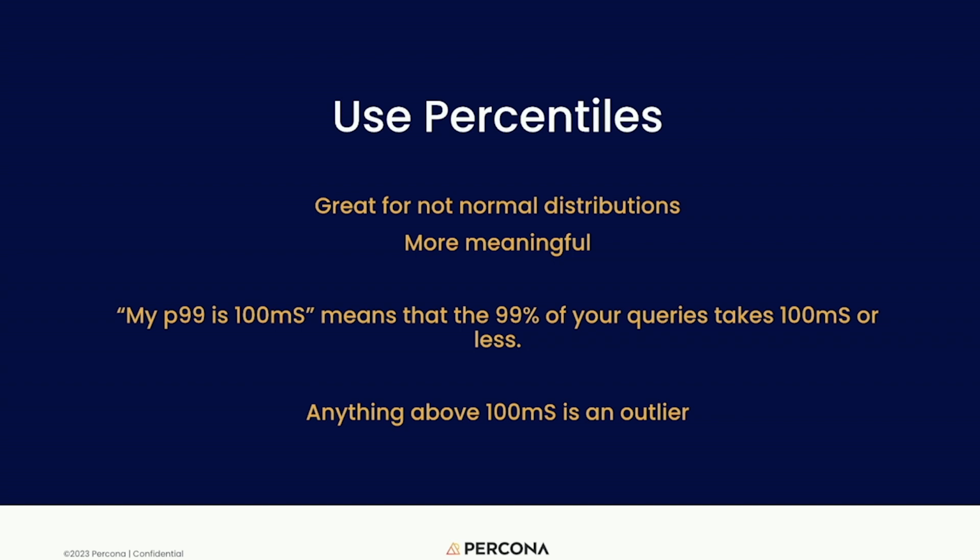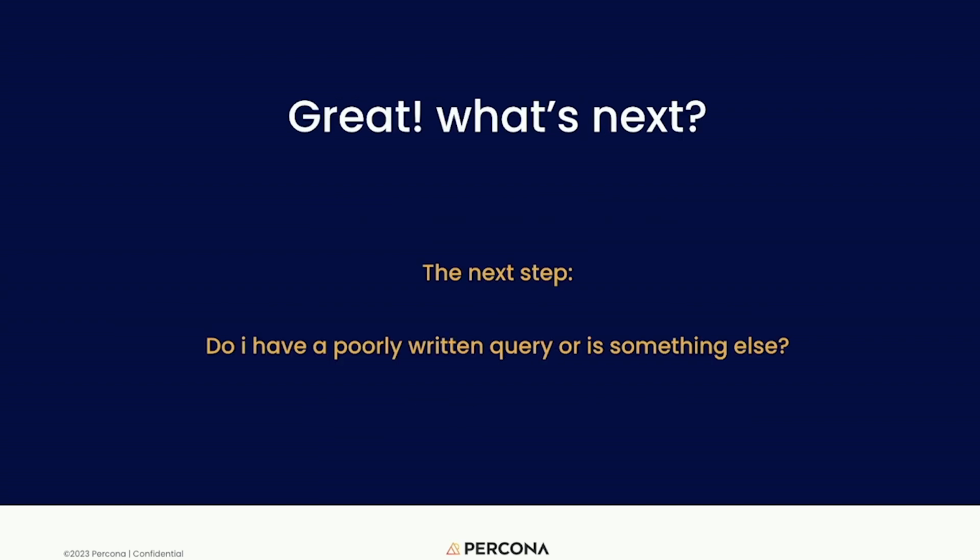So that's why it's better to use this approach. It will tell more about what's going on. So in this case, anything above 100 milliseconds is an outlier. You can use P85 or even P75 to narrow down the fastest ones, but that's going more in depth.